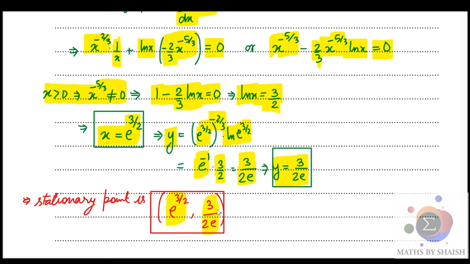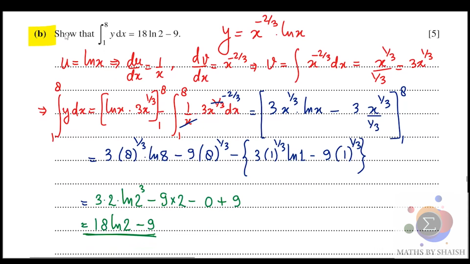And here for the b part, show that the integration from 1 to 8 of y dx is 18 ln 2 minus 9. So from the first part we have seen y is x to the power minus 2 by 3 ln x.